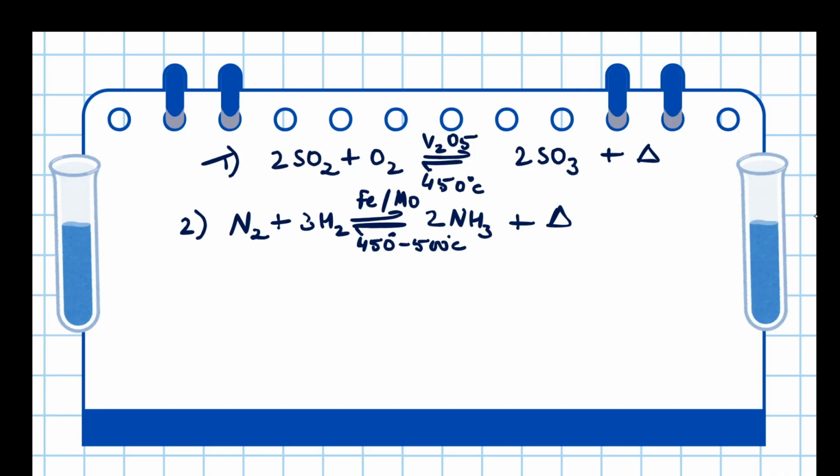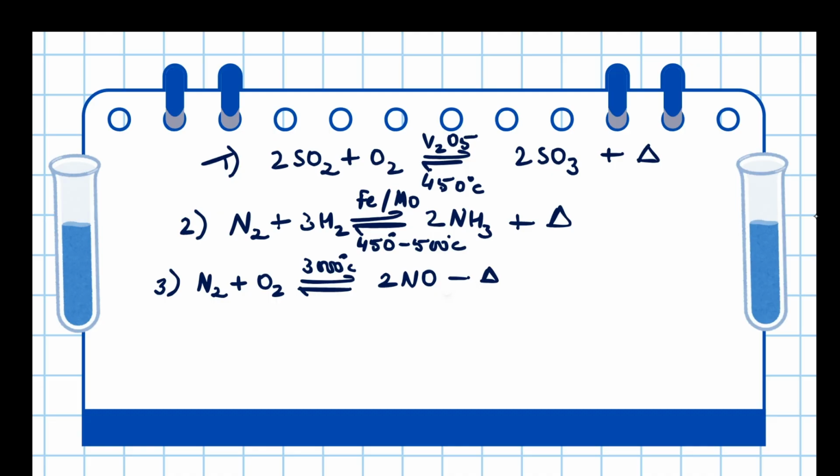Then one last reaction we will see for endothermic reaction. Endothermic reactions are those which proceed with the absorption of heat energy. So nitrogen, when it reacts with oxygen at a very high temperature, that is 3000 degrees Celsius, forms nitric oxide, and this is an endothermic reaction.